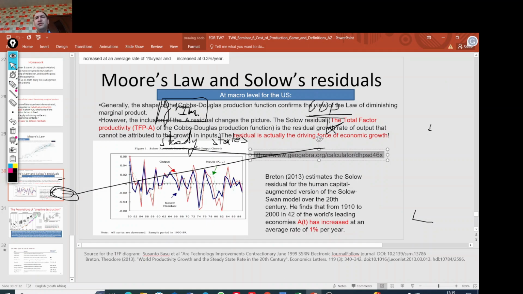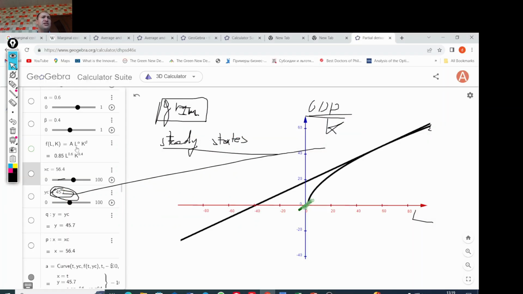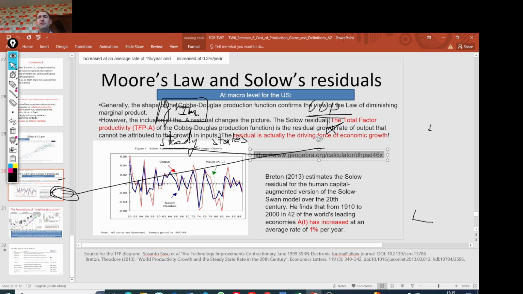historically, it was observed, according to the research, that in the Cobb-Douglas production function, if you take notice of the function, it not only has inputs for labor and capital, it also has a total factor productivity component, the A factor. The total factor productivity, sometimes called, when it's estimated, the Solow residual, kept growing at an average rate of 1% per annum across all the 42 economies from that period to that period, for almost 90 years, right?